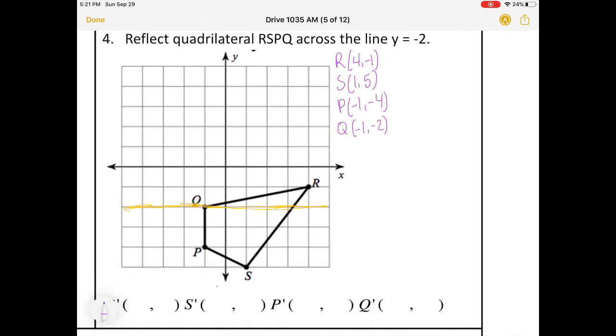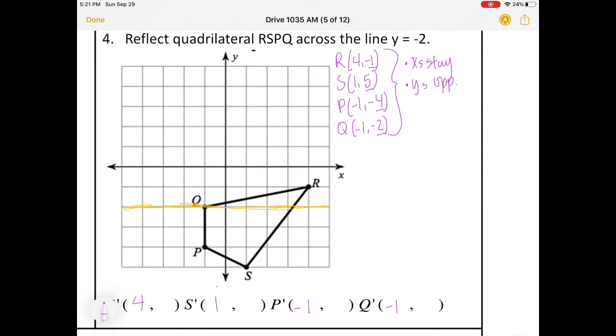Okay, so like I said, x's stay the same. So I'm going to copy down 4, 1, negative 1, negative 1. And remember getting those from up here. So x's stay, y's opposite.